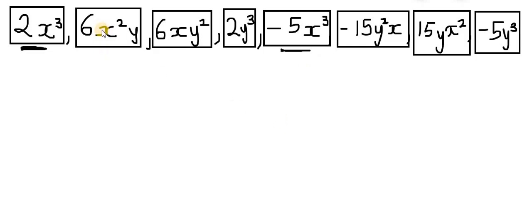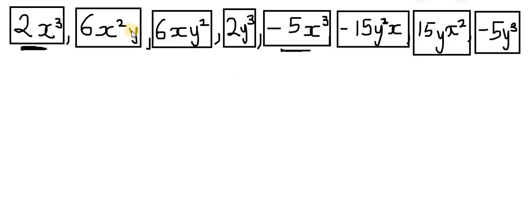We go to the next one. It's got an x to the power of 2 and a y behind it. Let's check. Remember, we're not comparing the numbers, we're comparing the combination of letters behind. This is x with no power. This one has a power of 2. So first of all, based on that, we can rule it out. Doesn't have an x, we can rule that out. Keep moving. This one has a y to the power of 2, that has a y to the power of 1. Nope. With this one, it has a y with no power showing.